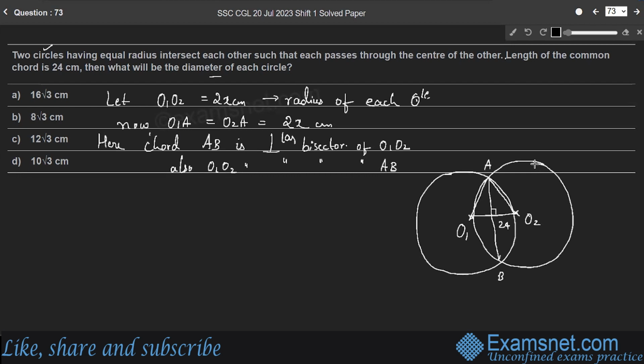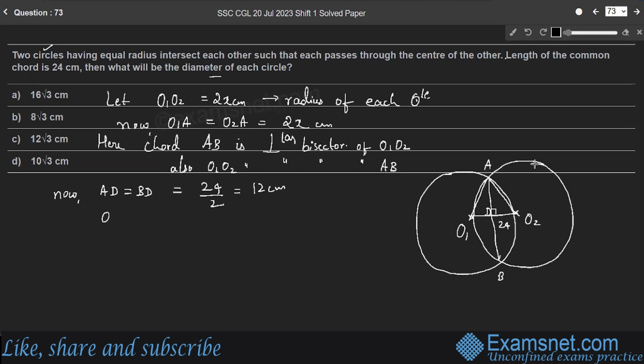Therefore, let AB meet O1O2 at D. Therefore, here AD is equal to BD. These two parts are equal. So half of 24, because full length of AB is 24, so AD is equal to BD is equal to 12 centimeter.